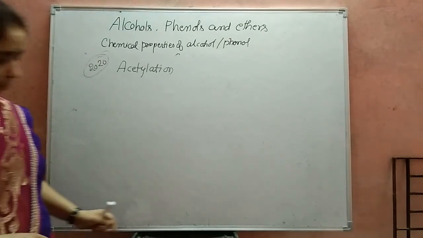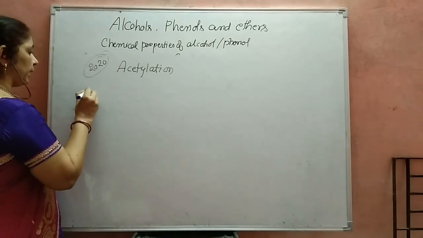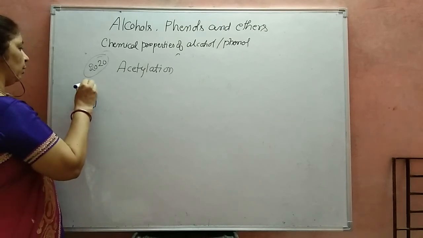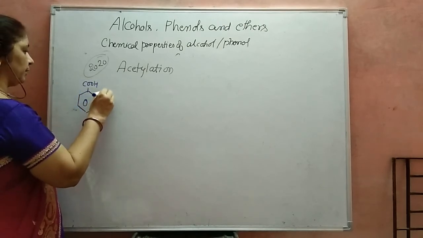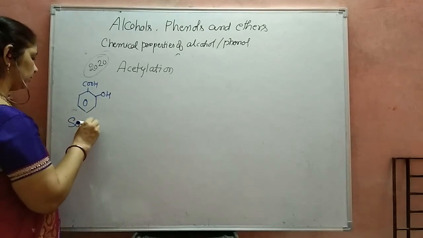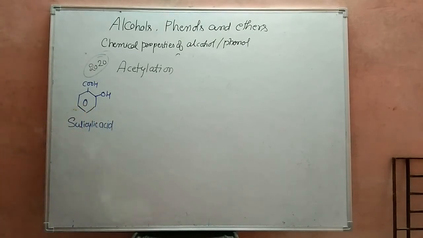Acetylation. What is acetylation reaction? The compound that is COOH, this is salicylic acid. This compound is salicylic acid.